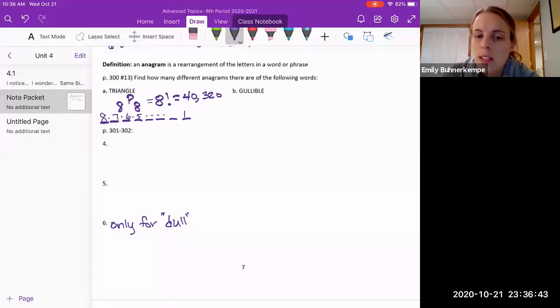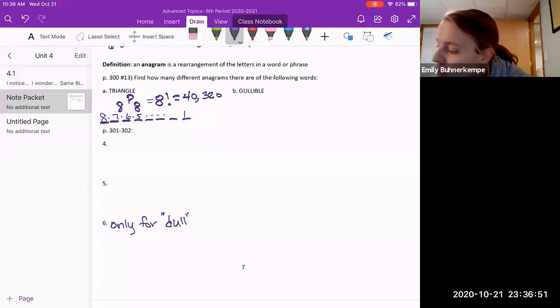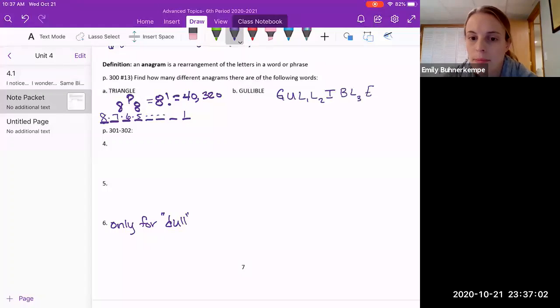In question B, this gets a little bit trickier because you'll notice that you have some letters that repeat. So the L repeats. Now, this is going to seem silly, but let's say that all the L's were considered different.